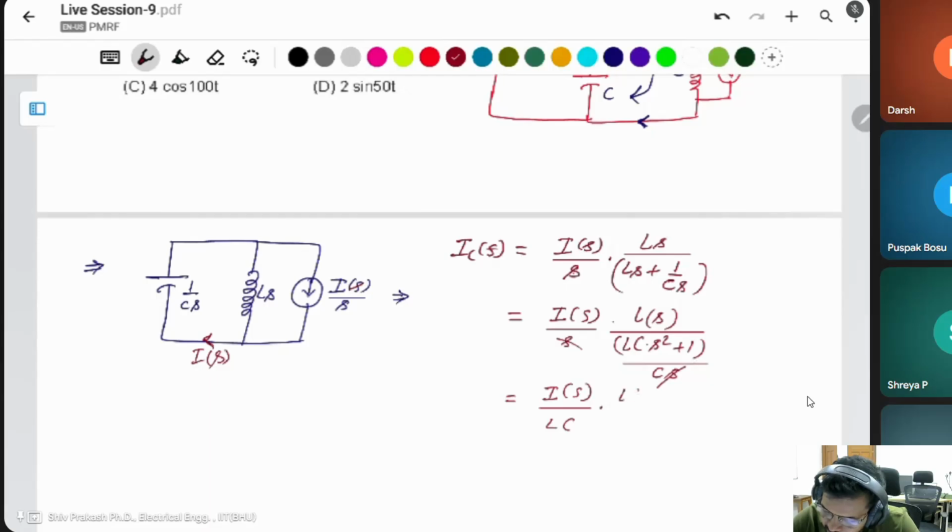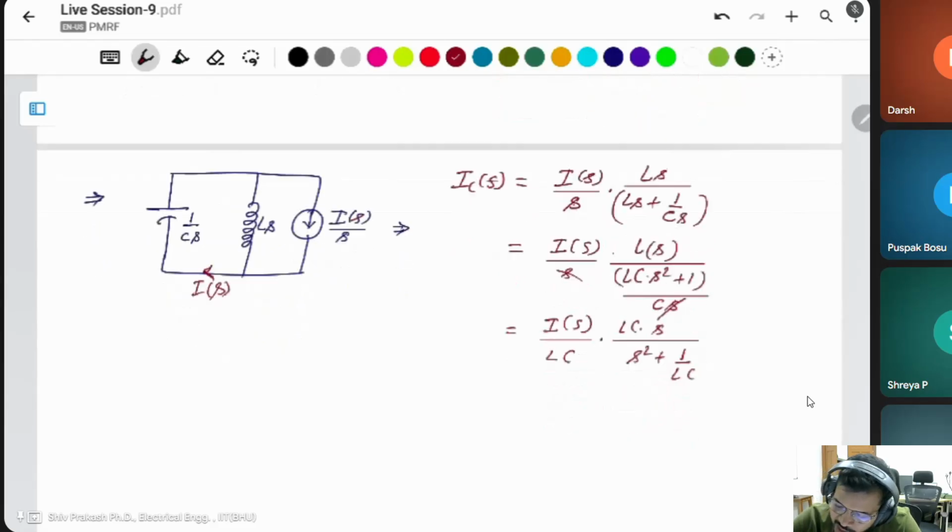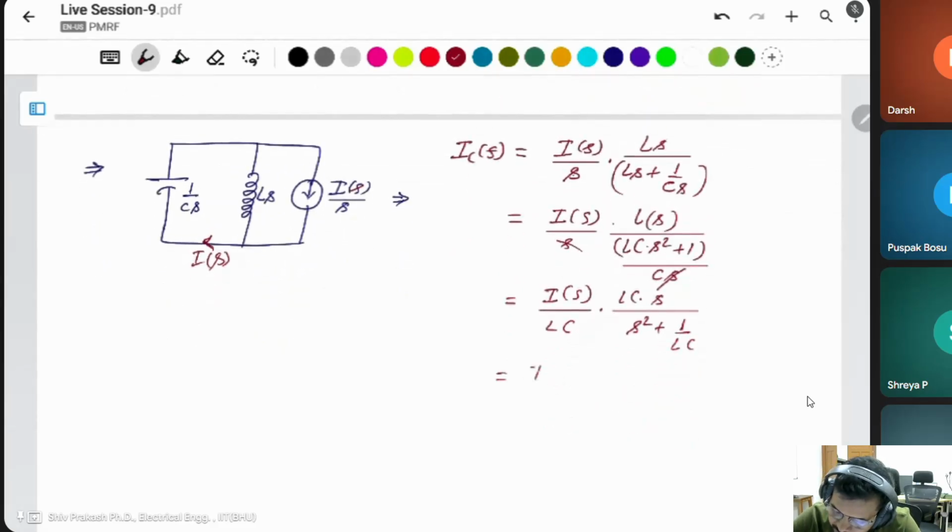This will be LC into s divided by s square plus 1 by LC. LC will be cancelled out. So I(s) into s divided by s square plus 1 by LC.